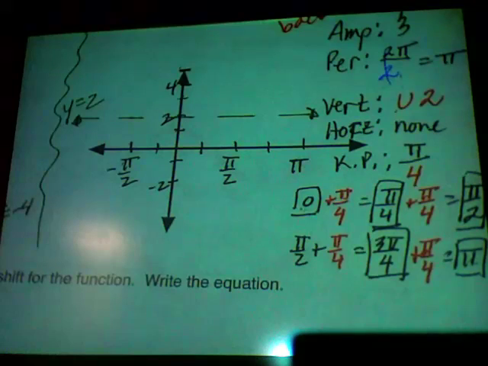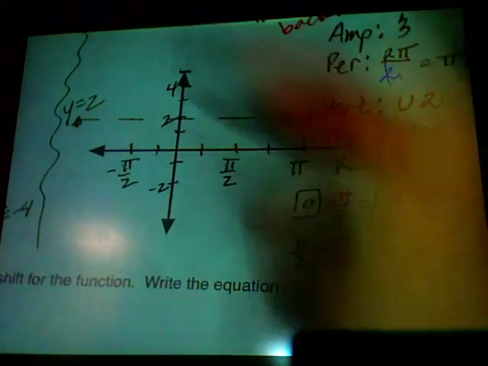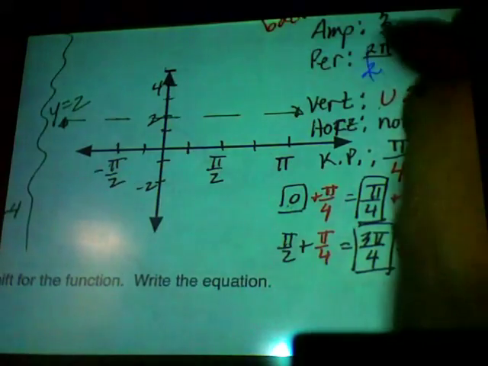All right, so what's the shape of the cosine? What does it look like? It's the upside down bell curve, right? So where do you start at? Is it 0 or 1? Cosine's a 1, right? Okay. So instead of 1, what's 1 times 3? We have to have an amp of 3, right?